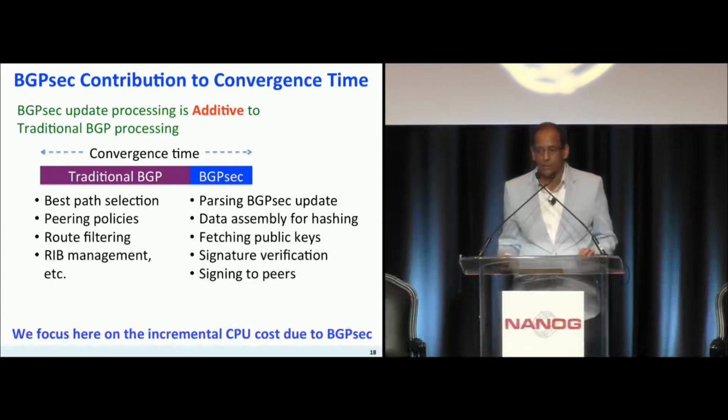The traditional BGP processing includes best path selection, implementing peering policies, route filtering, RIB management, etc. The additive part, BGP-sec, as Mehmet has already gone through, includes parsing the BGP update, data assembly for hashing, fetching public keys, signature verification, and signing to peers. So all these functions are additive to the traditional BGP processing, and we are going to focus on the incremental CPU cost due to BGP-sec.